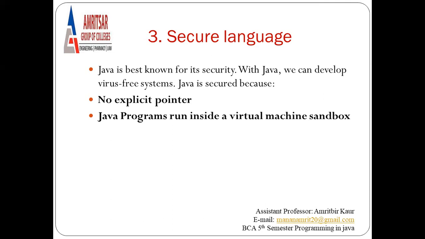So that's why Java is a secure language. And there are a number of security classes and also bytecode verification done in the JVM. As we studied in the stages of Java about bytecode verifiers, bytecode verifiers also provide us security.